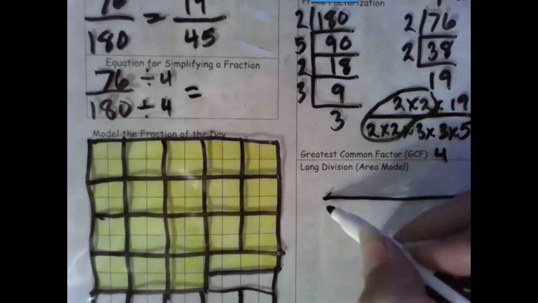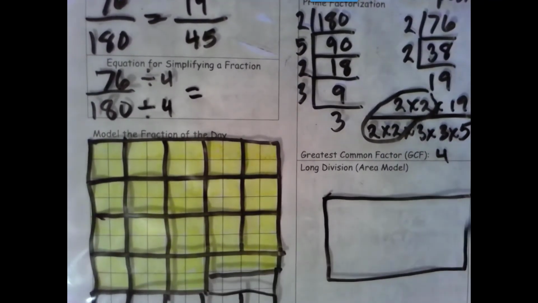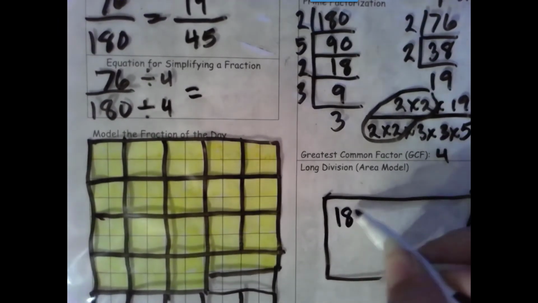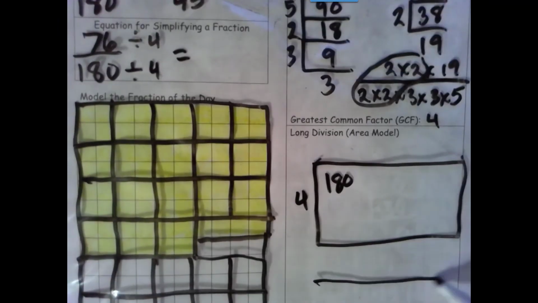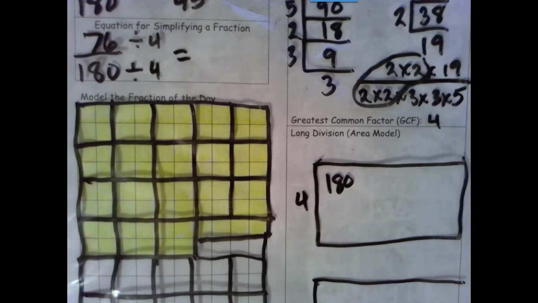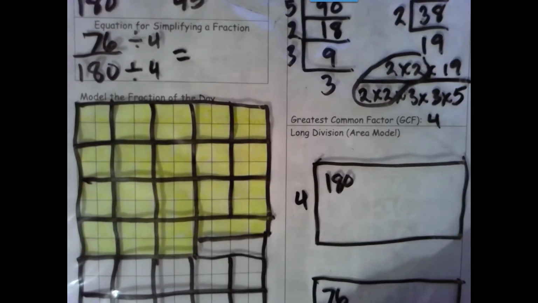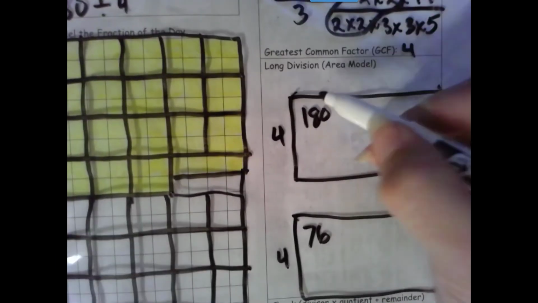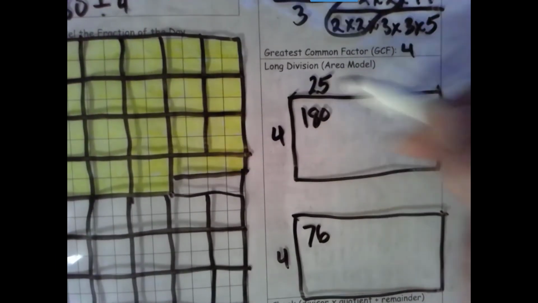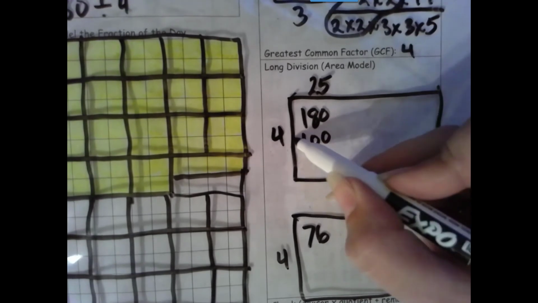So we're using our area model. I'm going to divide 180 into groups of 4 and 76 into groups of 4. So here, 4 quarters makes $1 or 100 cents.